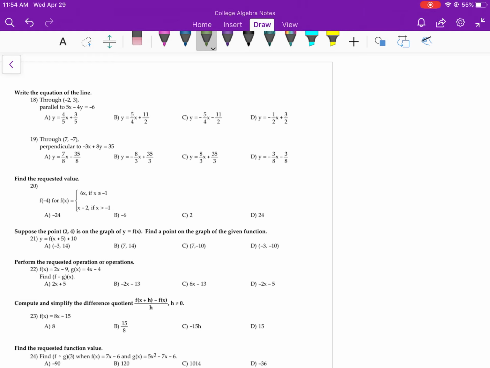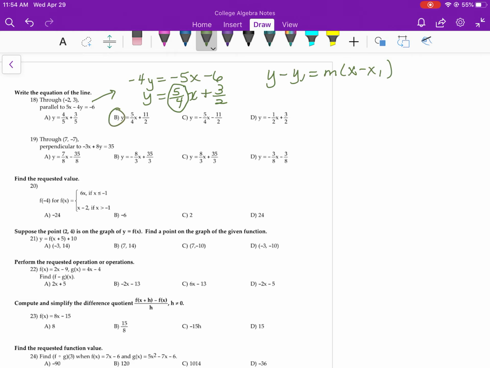All right, I need to find my slope first. If a line is parallel, it's going to have the same slope. The only line that has that slope is B.